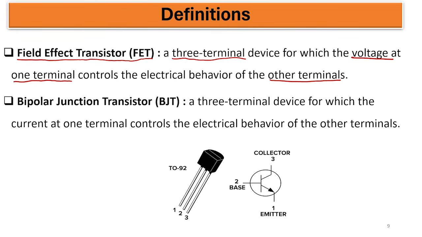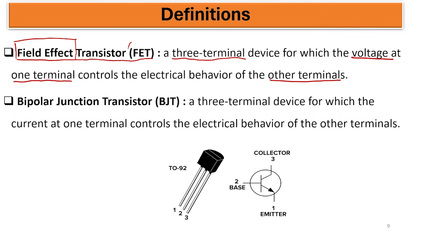Remember, the term field effect should even give you a clue. You know, the voltage is generated by the field. When you study magnetism, you understand it very easily. So that's what we mostly call the FET, the field effect transistor, meaning we are using voltage on one terminal.